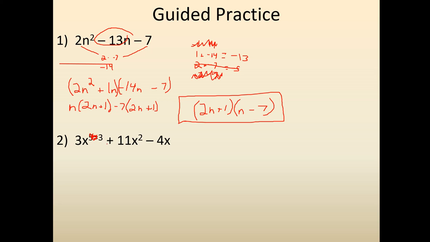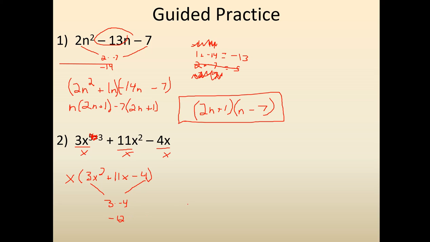Coming over to here. If I look at here, there's no coefficient I could pull out, but they all share an x. So I'm going to pull out an x right from the get-go. And I'm left with 3x squared plus 11x minus 4. All right, from here, I'm going to take these two terms, multiply them, and I get 3 times negative 4, which is negative 12.